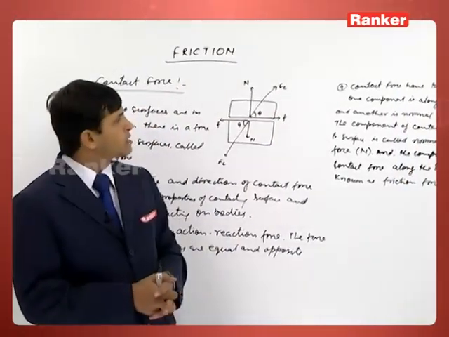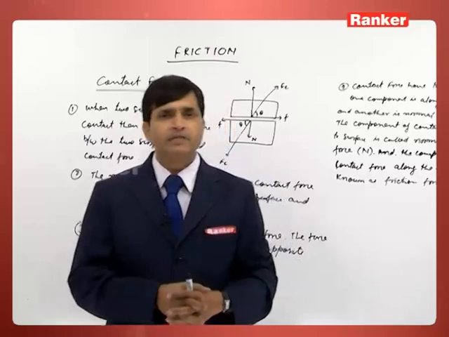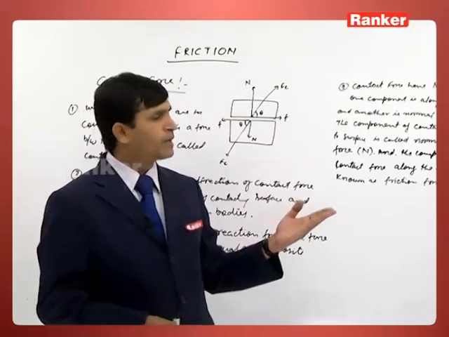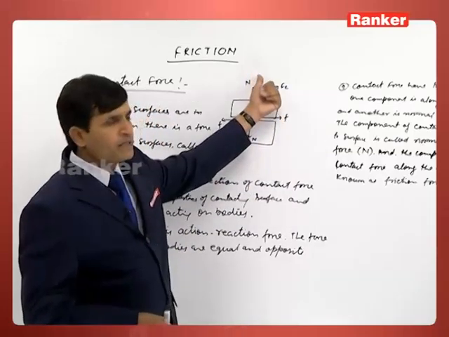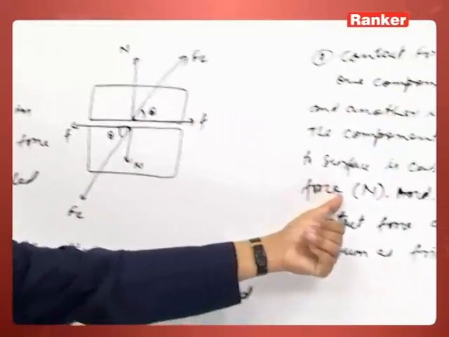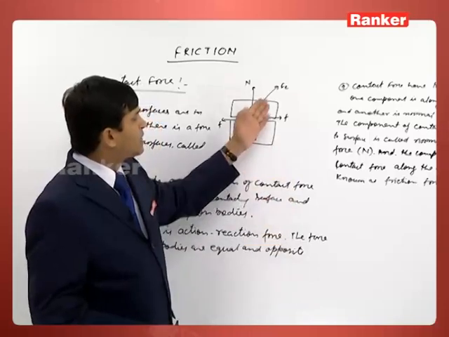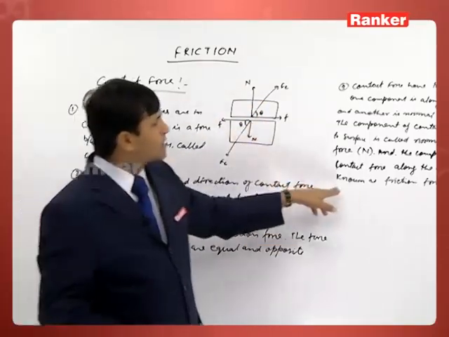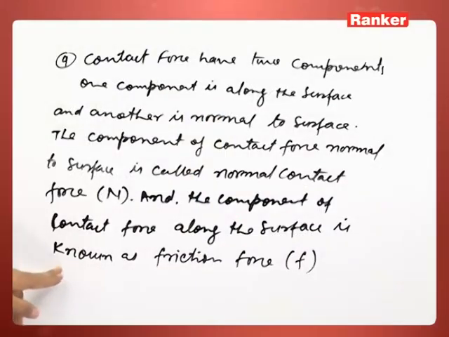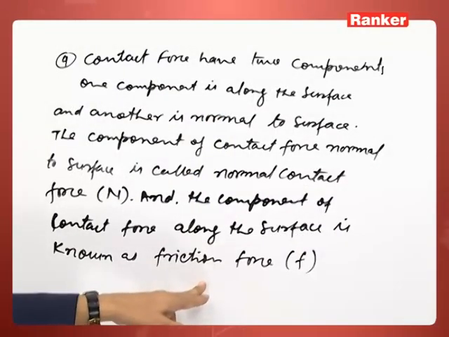As the contact force can make a certain angle with the surface, it may have two components. One component, normal to the surface, is called the normal contact force, and another, along the surface, is called the friction force.